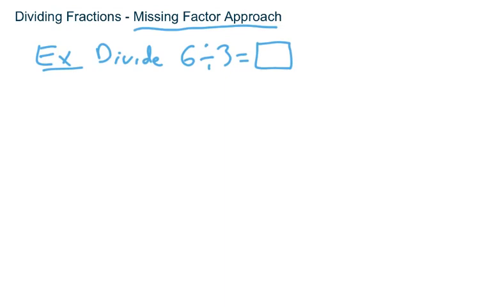We'll call it a box. 6 divided by 3 is the number which, when you multiply it by 3, would give you 6. So when you want to say 6 divided by 3, you ask yourself, what do I multiply by 3 to get 6? What is the missing factor? And then this, you can plainly see, would be a 2, and that shows you that 6 divided by 3 is 2. What do you multiply by the second number to get the first number?